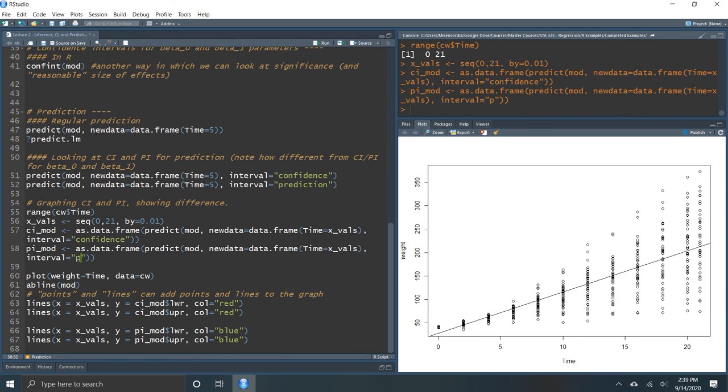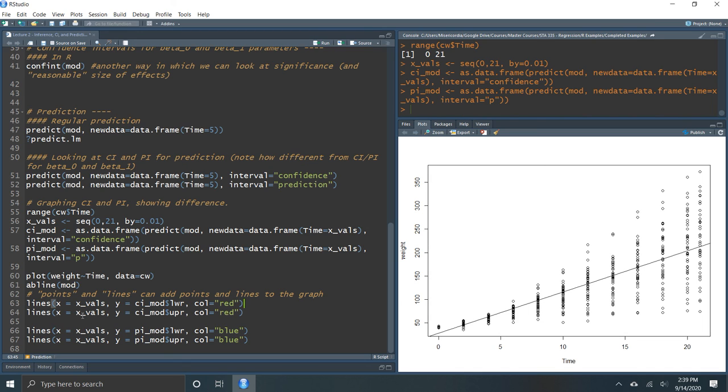Note that in interval, I only need to give it the first letter. How R works, or how many functions in R work, is that if you give it enough letters to indicate which option uniquely, then that's good enough. So you could just write C or P or N for confidence interval, prediction interval, or none. Or you could leave it blank for none, because that's the default.